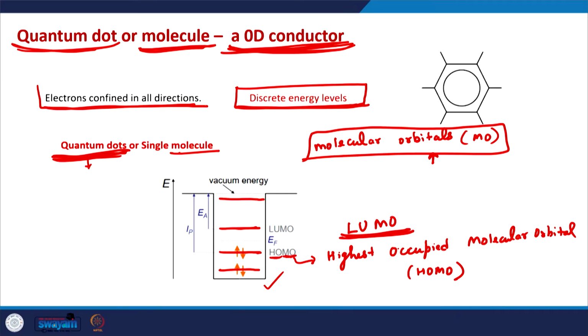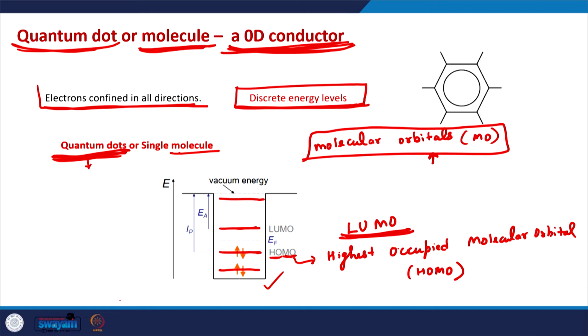So, in this discussion we assume that HOMO is completely filled, 2 electrons are there of opposite spin. LUMO is completely empty, although in some cases HOMO might be half filled as well. It is not that always HOMO is completely filled, but that is the case in most of the situations.